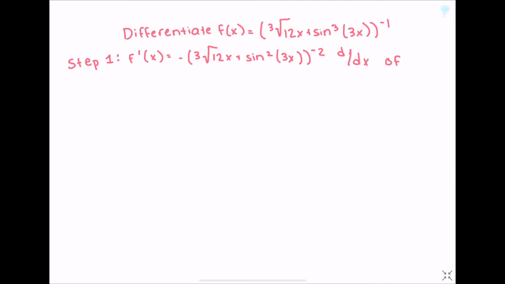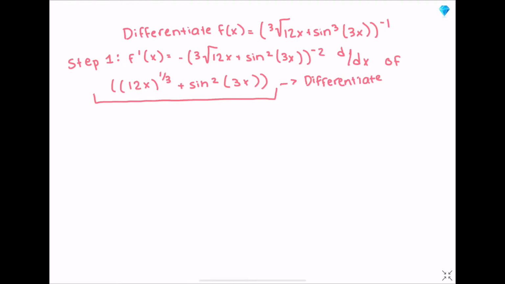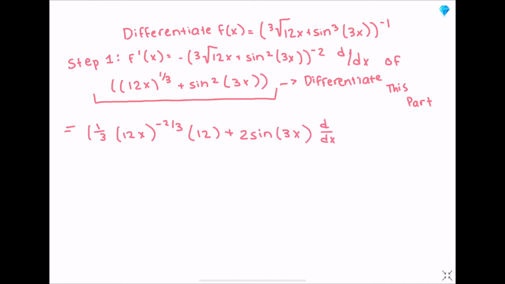And then you're going to take the derivative of the next part of the function, which is the cube root of 12x, and I put it as 12x to the 1/3 to make it simpler to derive, just because then you just have to bring the exponent out front instead of having to deal with a root. So you derive that part, which gives you 1/3 times 12x to the negative 2/3 times 12, because you're also deriving the inside function of 12x, plus 2 sine of 3x.